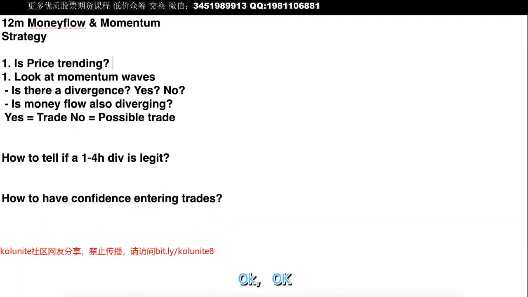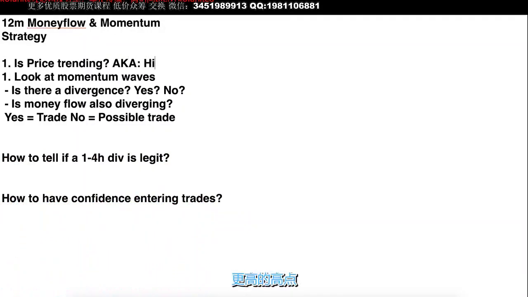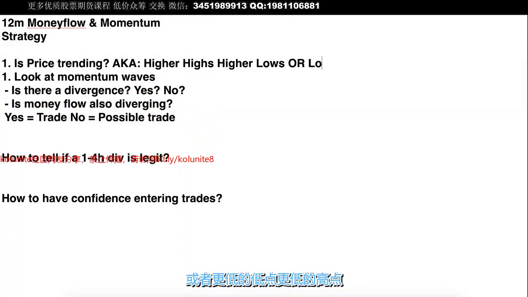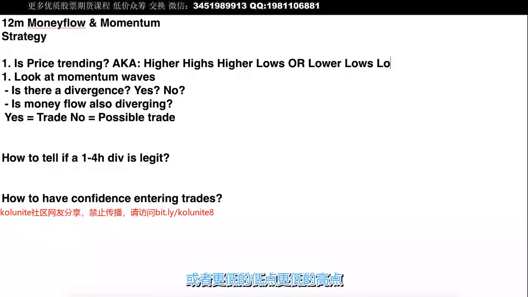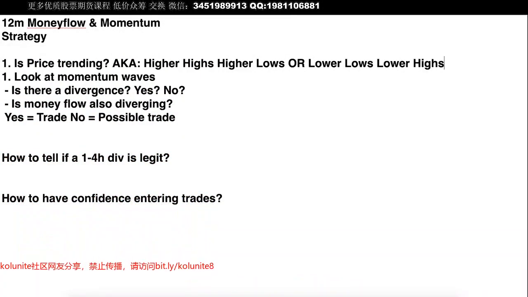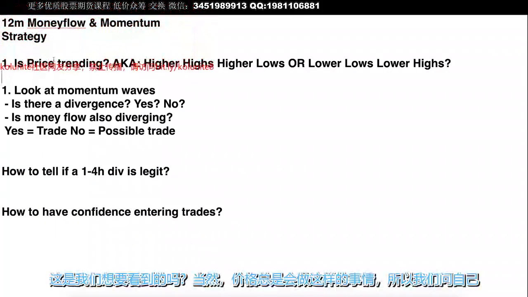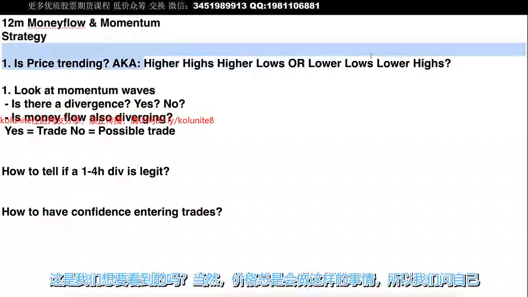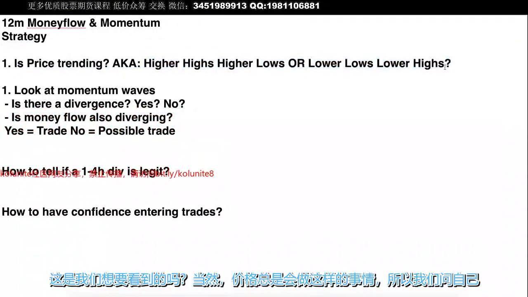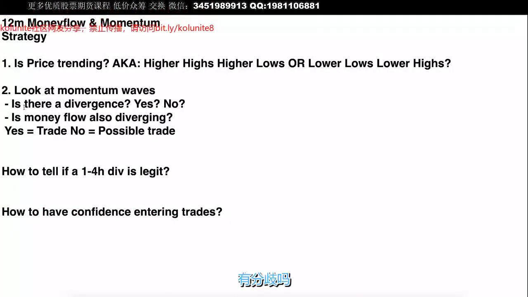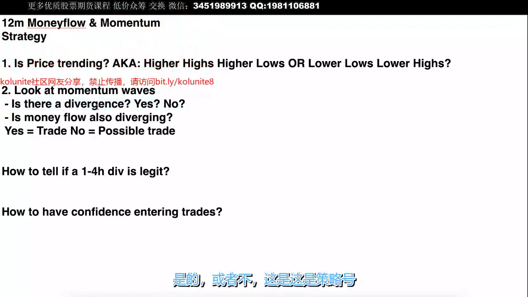Aka higher highs, higher lows, or lower lows, lower highs. That's what we want to see, right? And of course, price is always going to be doing something like this, right? So then we ask ourselves to look at the momentum waves. Is there a divergence? Yes or no?